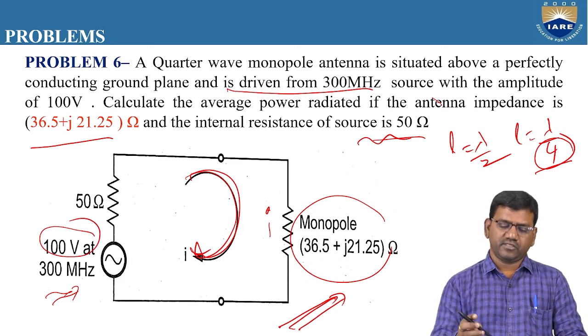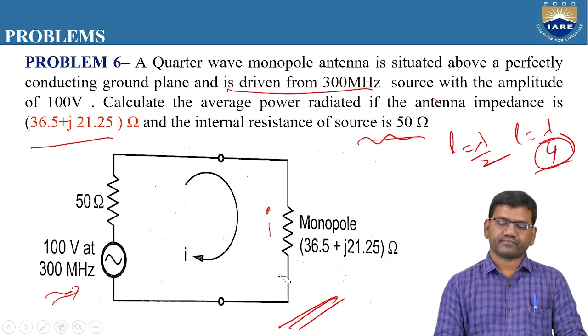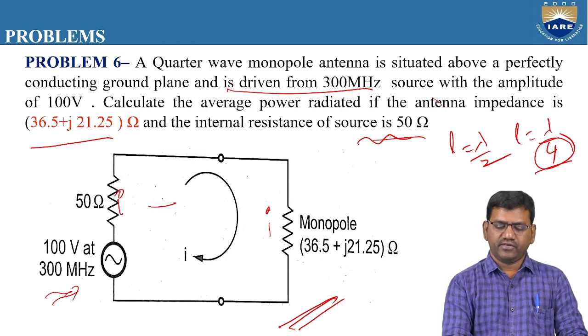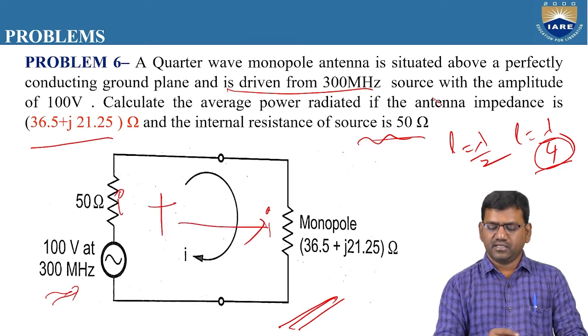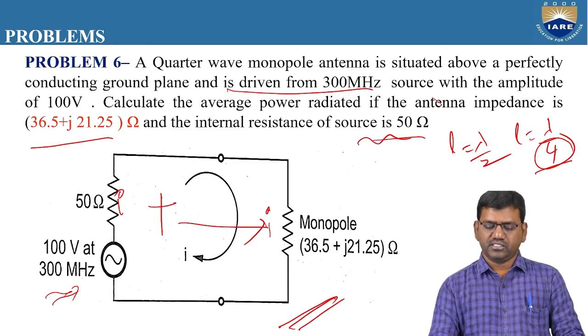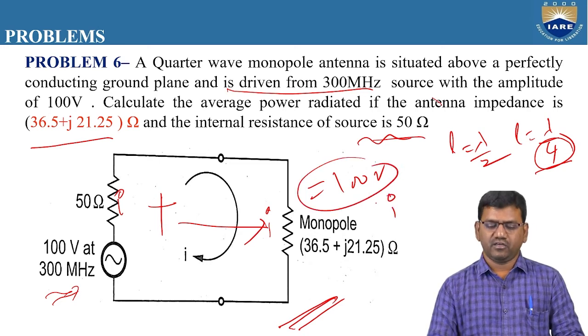Representing it in terms of V equal to IR, 50 plus (36.5 plus j 21.25) ohms times I is equal to 100. So from this you can determine the value of I.